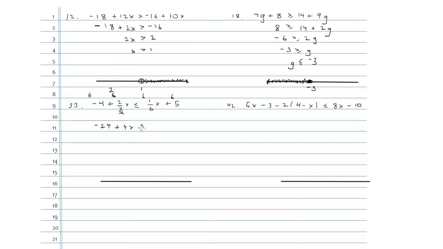is less than. Here the 6's cancel nicely, so we'll be left with an x plus 30. I'm going to subtract this x over to the left side. I'm going to add this 24.